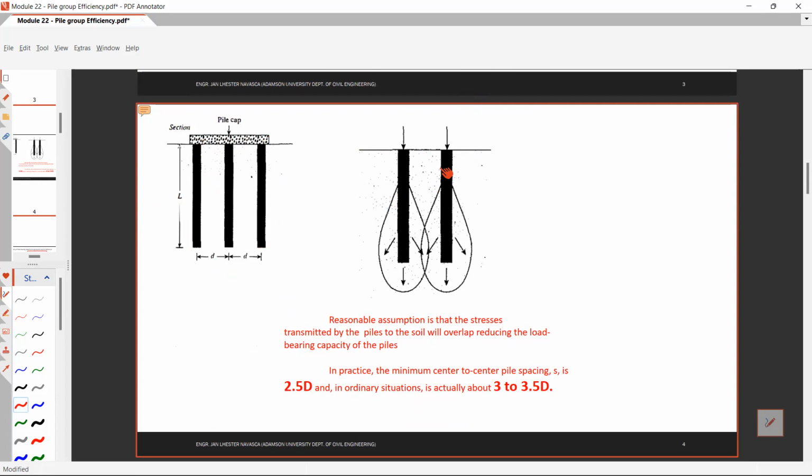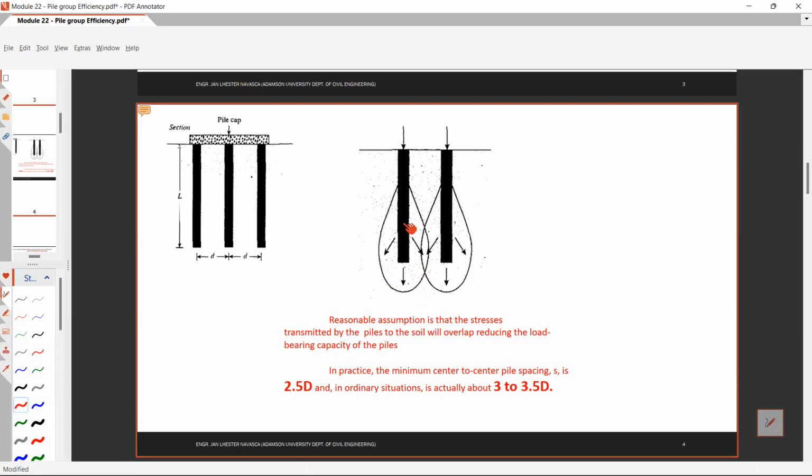Okay, so meron tayong tinatawag dito, ito yung effective stresses niya kapag nag-act yung load dun sa piles. Okay? So meron siyang parang ganito, semi circular na effective stress.